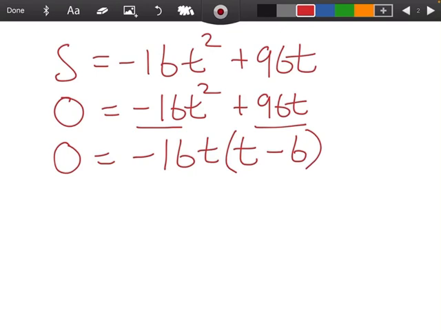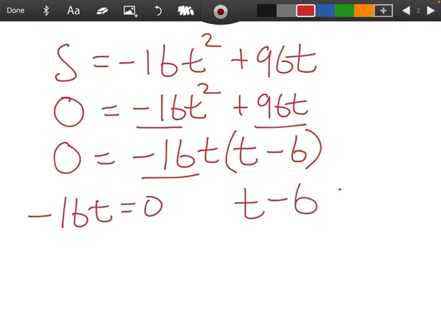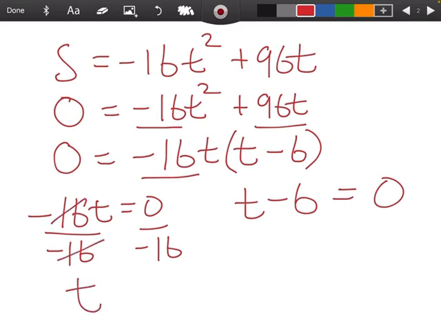Then we can set each part equal to 0. So negative 16t equals 0, and t minus 6 is equal to 0. When I divide both sides by negative 16, I'm ending up with t equals 0.